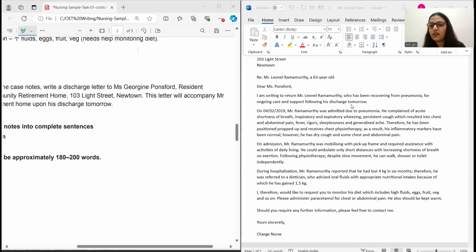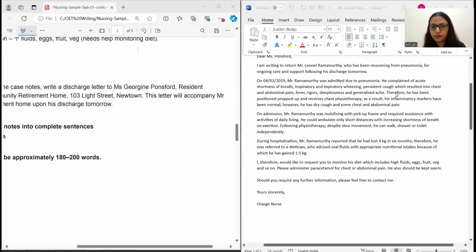So, introduction paragraph has patient's full name, reason of writing a letter, and the current issue. Patient has been recovering from pneumonia. Patient has not been recently diagnosed. Okay, what is his overall condition? He has been recovering well from pneumonia, right? So that is how you need to be presenting your information.